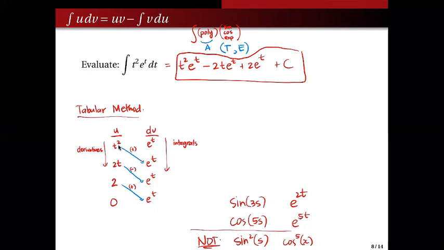You have the u, you partner it with the dv one step lower. So it's like you slide one step lower.